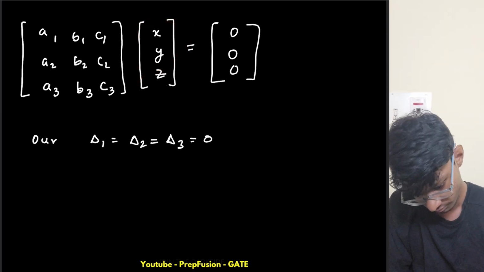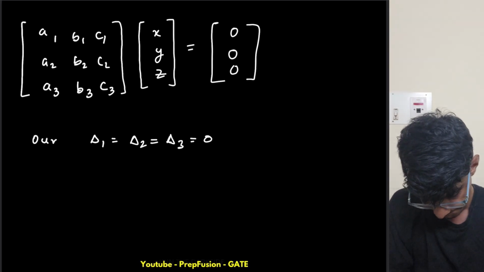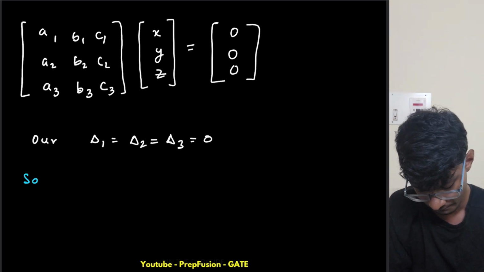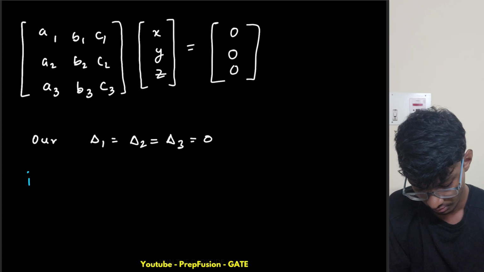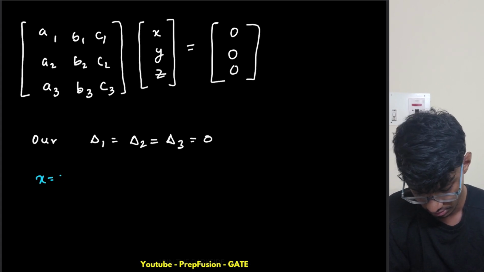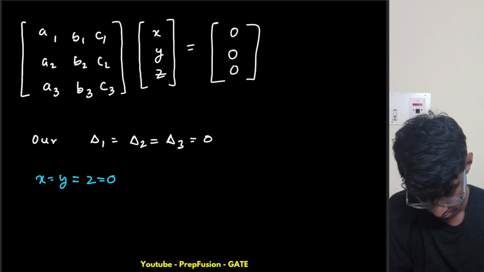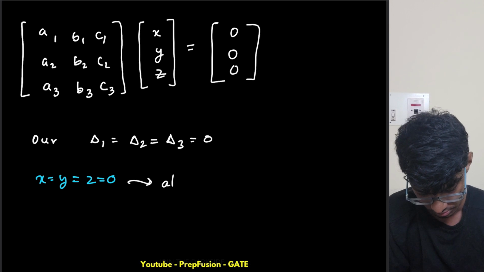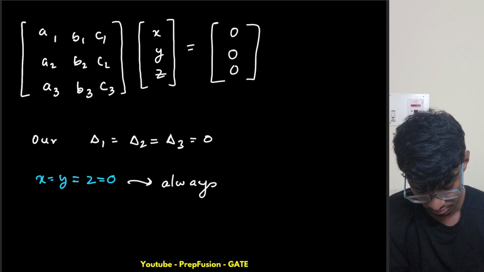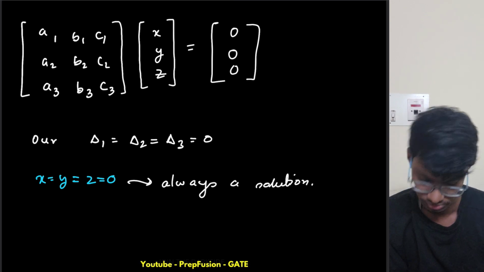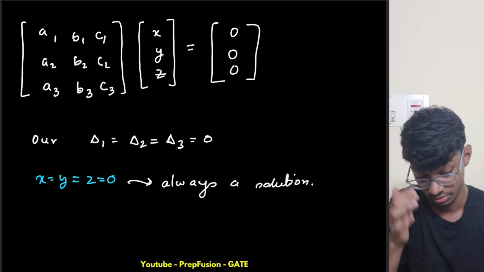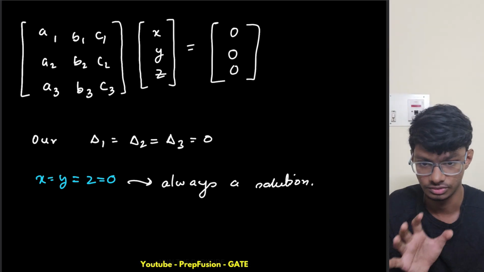So x equals y equals z equals 0 is always a solution. So this is one solution.